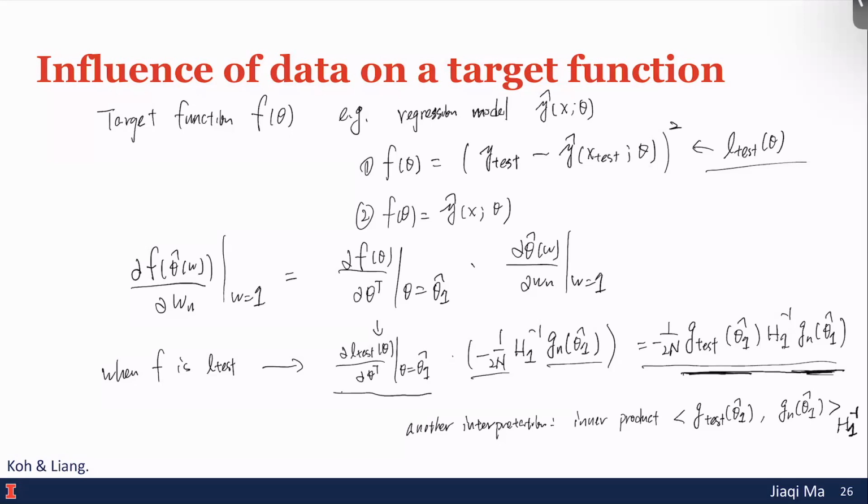But we are first projecting them into a feature map defined by the gradient of the parameters. And then we're measuring the similarity with this inner product defined by this H1 inverse, the Hessian inverse. So that's another way to view this particular influence function.